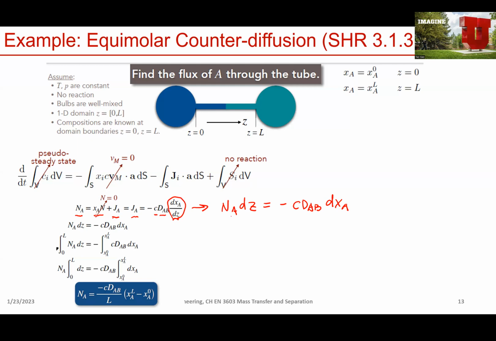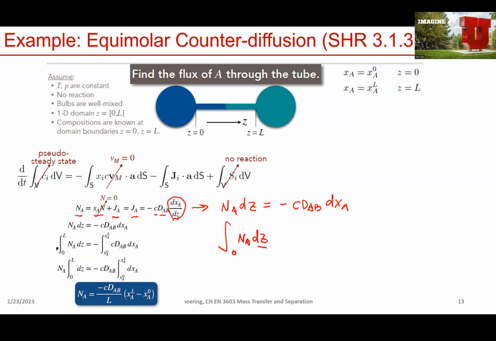Just integrate the left hand side of the equation and the right hand side of the equation. Now let's do the integral. On the left hand side, when we do the integral, we need to know the range of the variable z. Z is our coordinate. In our problem, it can only change from 0 to L, right?